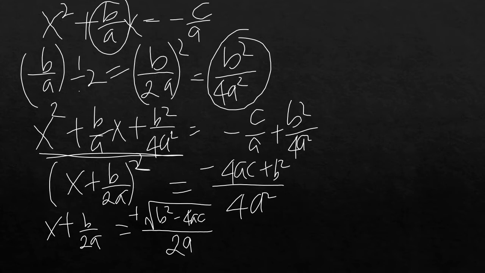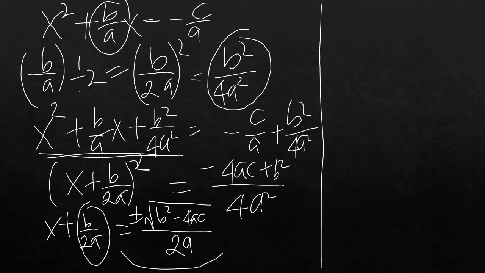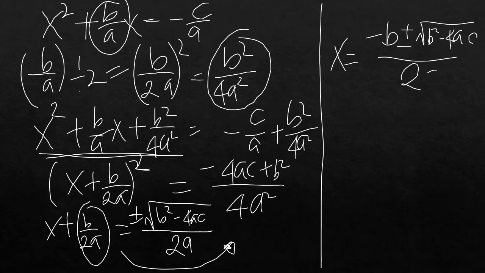Don't forget to add the plus minus sign. And moving the b over 2a to the right side of the equation, we will get x equals negative b plus minus the square root of b squared minus 4ac over 2a. So the equation is proven.